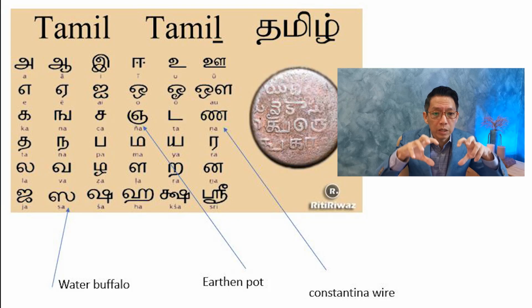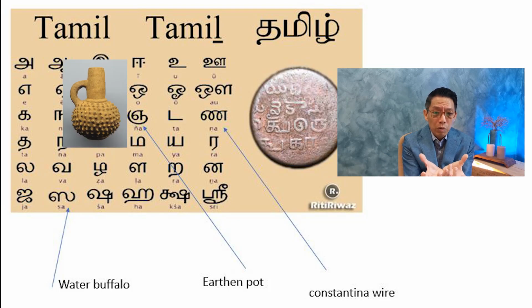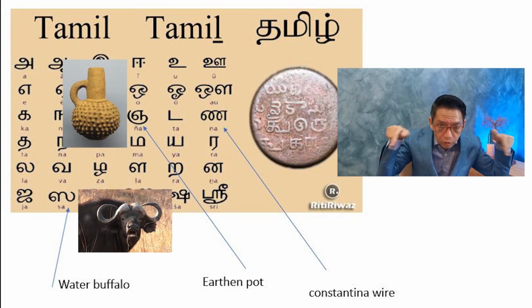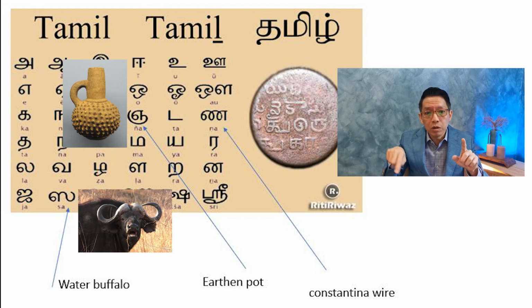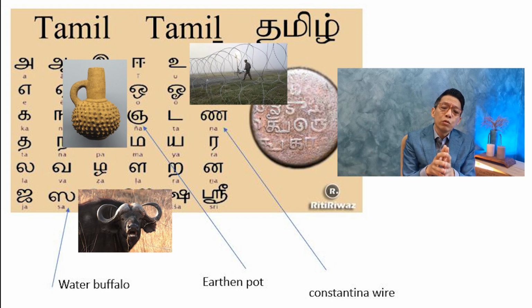But for Tamil, this looks like an earthen pot, this one looks like a buffalo horn, and this one looks like an army concertina wire. So what you actually do is try to recognize 2 or 3 characters in each language and say, I've seen that, because this concertina wire is not going to appear in the Hindi alphabet, only in the Tamil alphabet. So if you remember the earthen pot, the water buffalo horns, and the concertina wire, you know that would be Tamil.